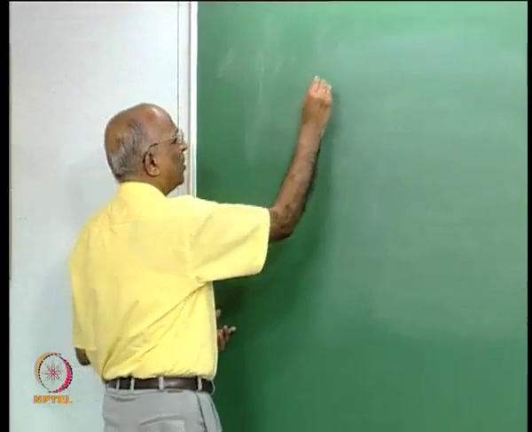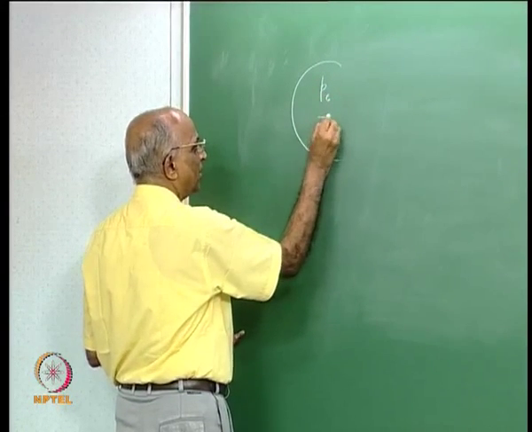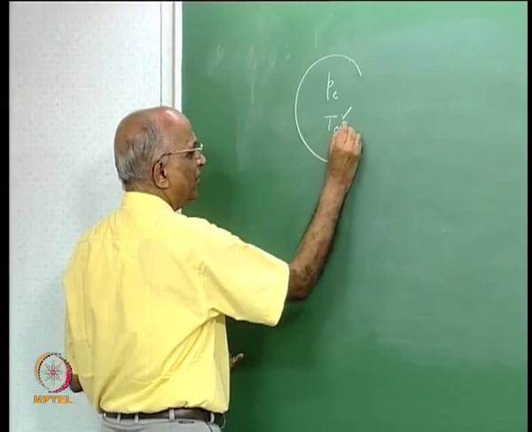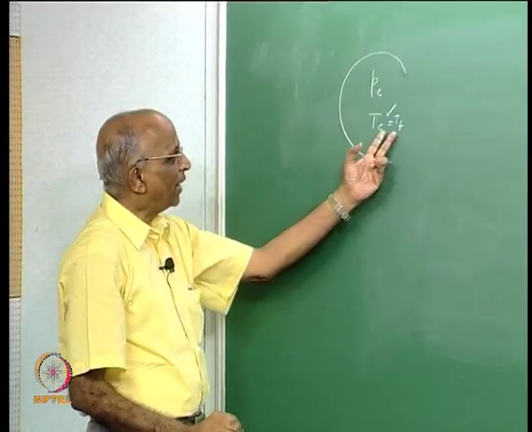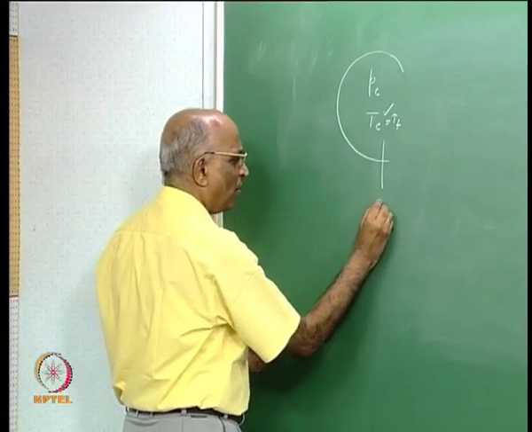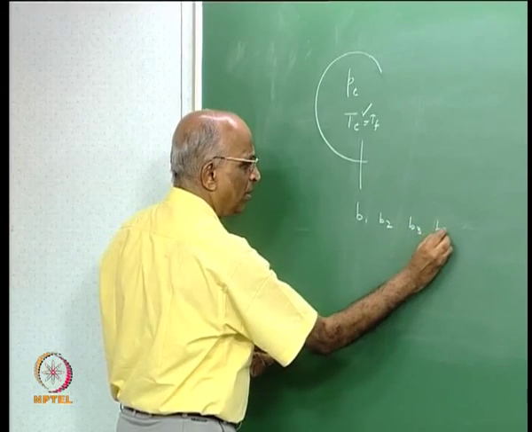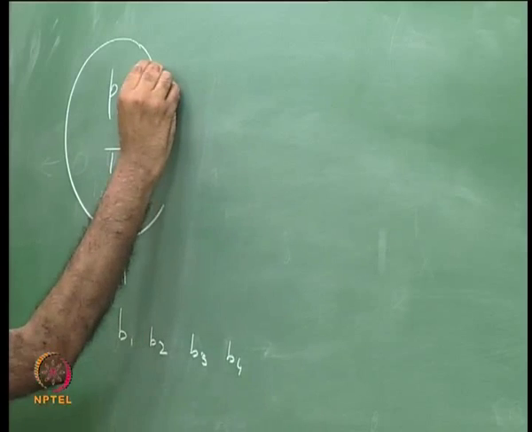We have a combustion chamber wherein the pressure is Pc and the temperature is Tc. We now know how to calculate Tc, which we said is the adiabatic flame temperature. We also know at this adiabatic temperature what the proportion of the products B1, B2, B3, B4 and so on is.